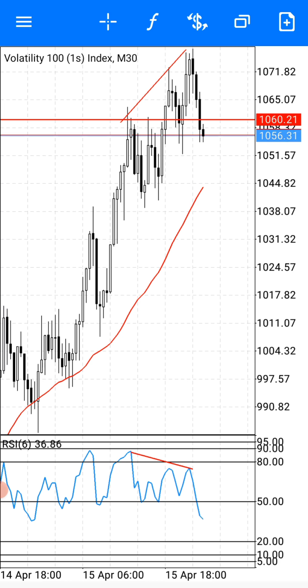Now remember, if you look at this structure, it's been creating higher highs and higher lows, higher highs and higher lows. That's a bullish structure until it breaks structure, breaks market structure, and validates that break of structure.